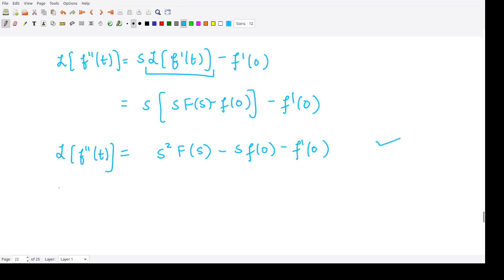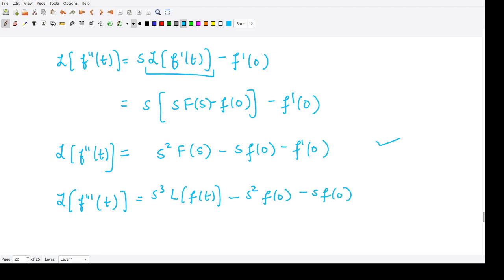So this is what we were trying to prove. Again, if you open up this bracket, the Laplace transform of f triple dash t would be s cube F of s minus s square f of 0 minus s f dash of 0 minus f double dash of 0.